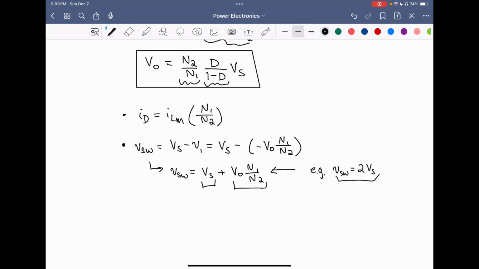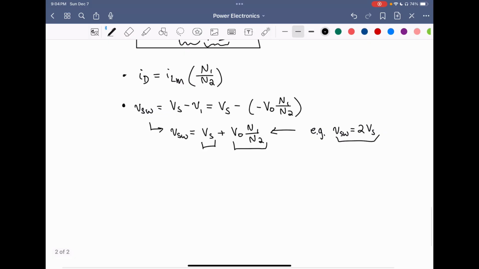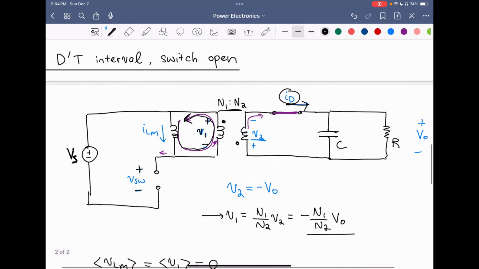So in this case, we found the expressions for the diode current and the voltage across the switch. Another thing to keep in mind is the current through the resistor. The current through the resistor is just going to be Vout over R, simple Ohm's law.